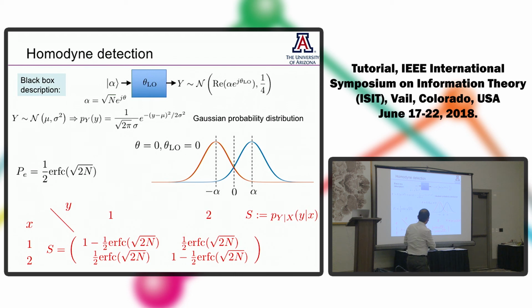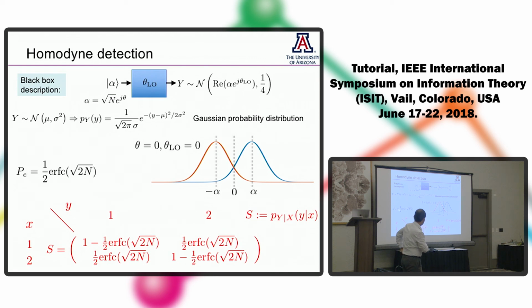Next, think of this homodyne detection as a black box. So theta LO is the local oscillator phase, and N_LO is the mean photon number of the local oscillator, which I'm taking to infinity. If I now give you BPSK, alpha and minus alpha, you will get a Gaussian distribution with mean at minus alpha or alpha with a variance of 1/4, and it's fairly simple to write down the error probability transition matrix.